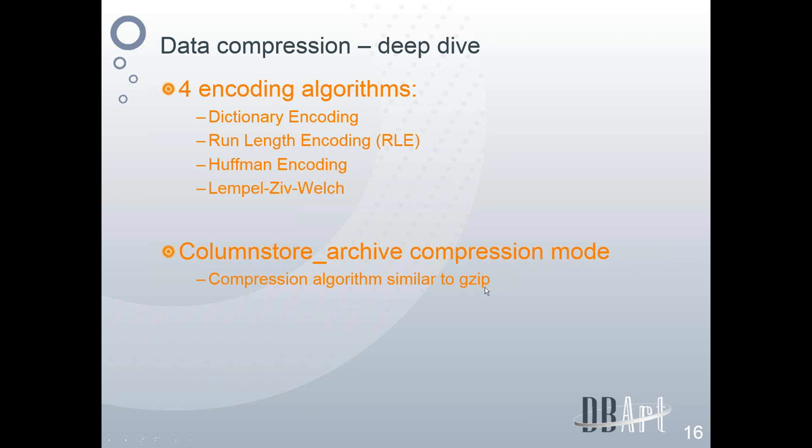It's a compression algorithm similar to gzip. We'll speak in detail about the first 2. The last 2 are more complicated. There are great Wikipedia articles about both of them. Anybody who is interested in math is welcome to read them. I've read them with great interest.